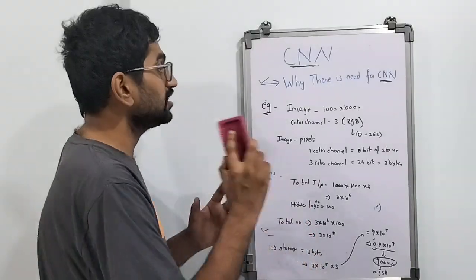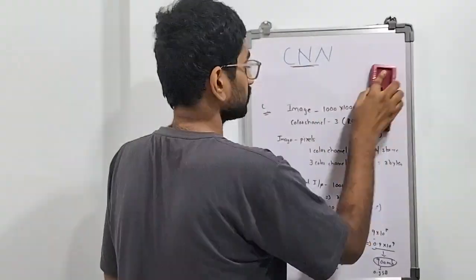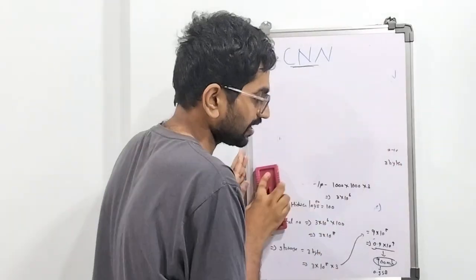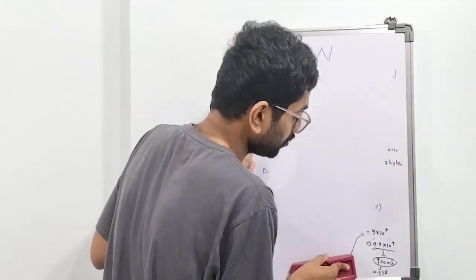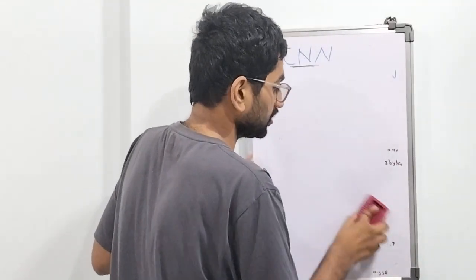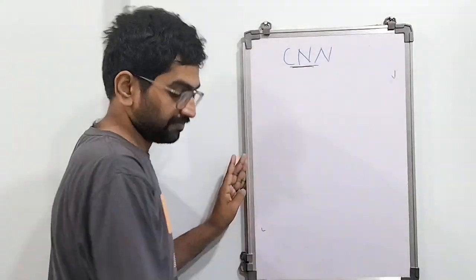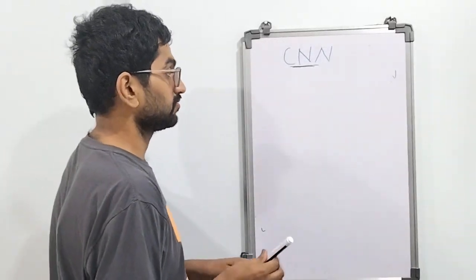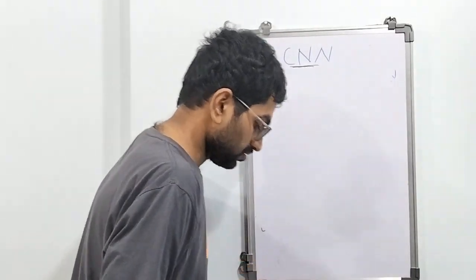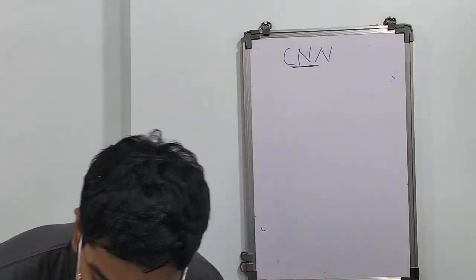So now, what is CNN? I hope you understood this example, why we won't be using the ANN for these particular images. Now we are going to study the CNN.